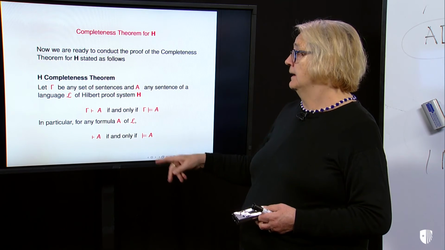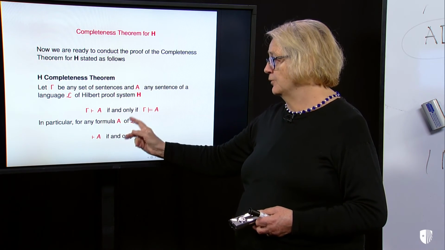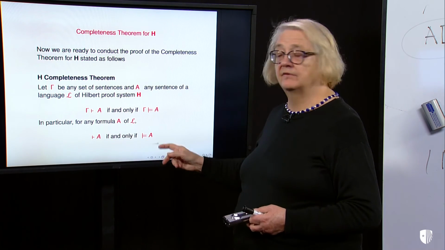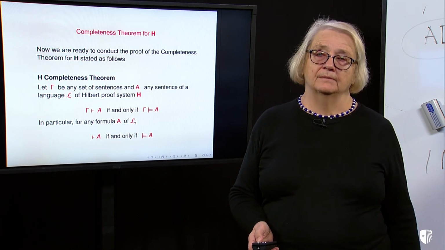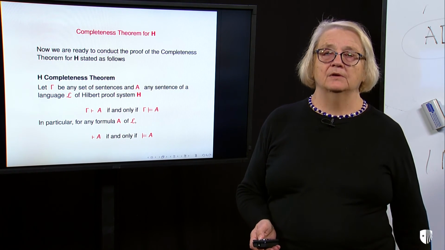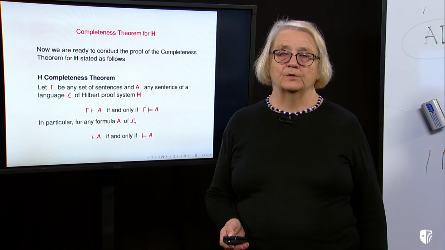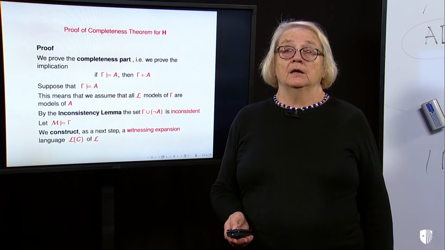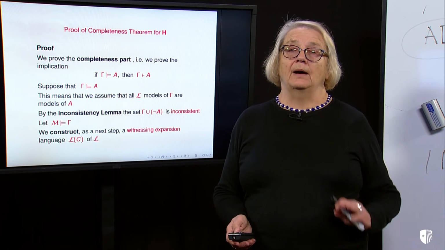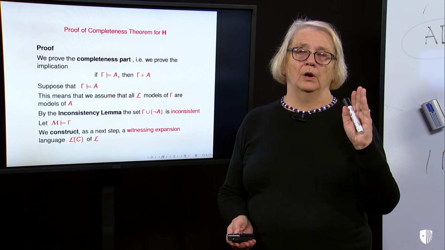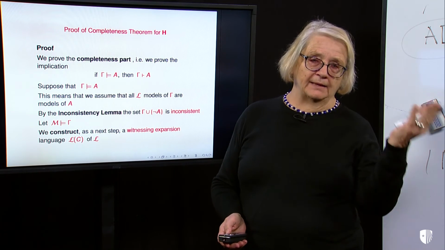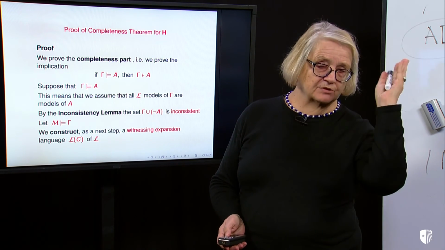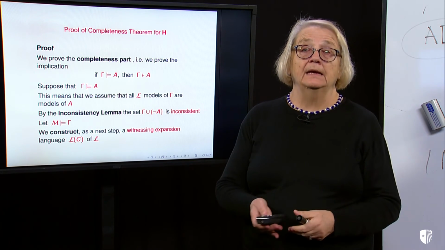In particular, for any formula, when Gamma is empty, you have our simpler, standard completeness theorem. So now I just want you to show the completeness part. The one part is soundness, which is trivial, we've done it.